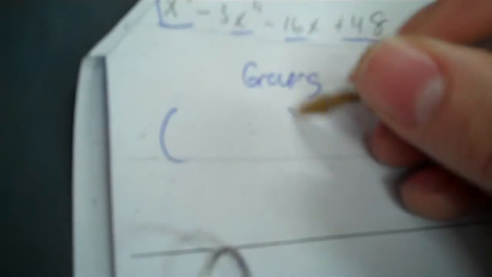Okay, last two. This one here is kind of a bear. I don't think I was this mean to you on the assignment. x to the fifth power minus 3x to the fourth power minus 16x plus 48. Okay, so again, 4 terms. Gonna write grouping. Same thing.